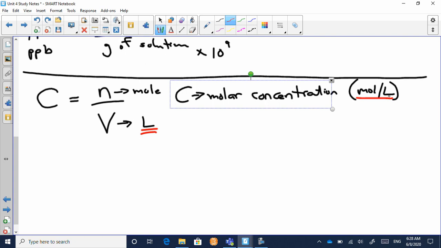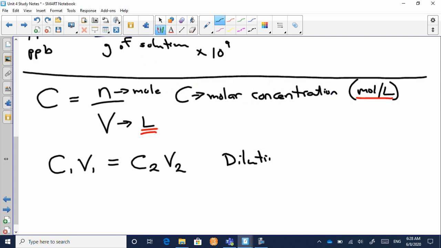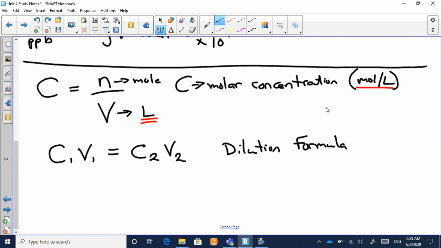Okay. The other one is the formula from lesson number 4. The other one is called a dilution formula. What it is, is C1 V1 equals C2 V2. And I call this the dilution formula. This is the formula you're going to use if you're trying to figure out how to dilute something.